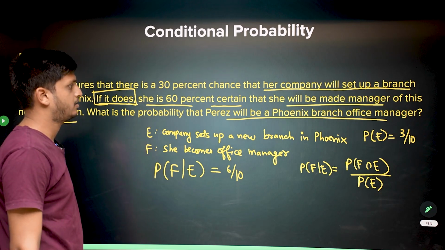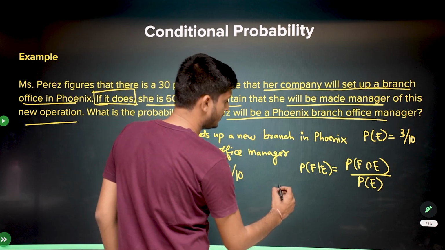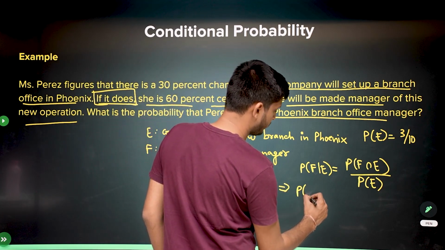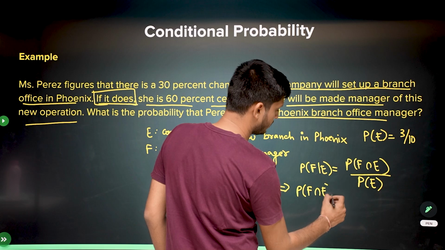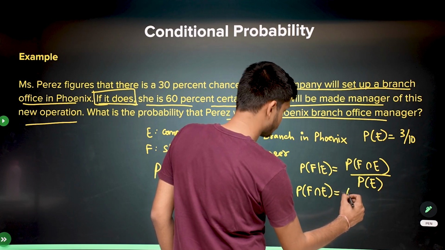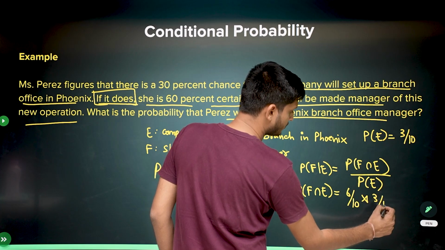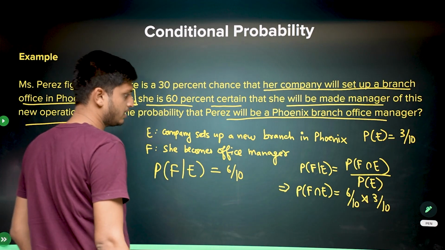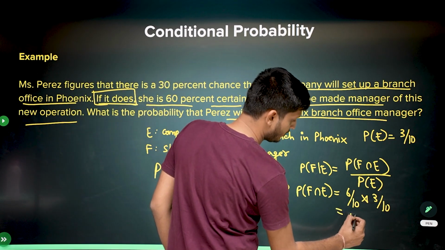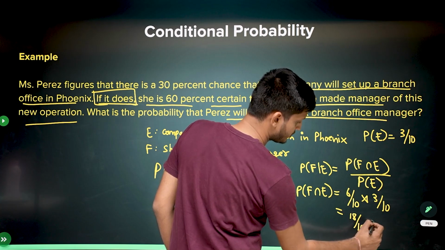So it means that P of F intersection E is 6 by 10 into probability of E, which is 3 by 10. Okay, which is 18 by 100, which is 0.18.